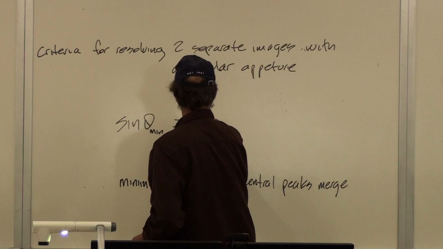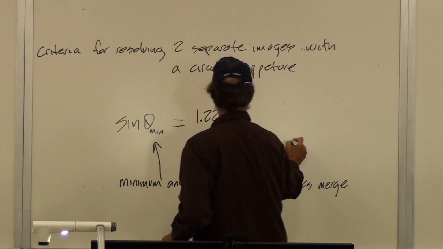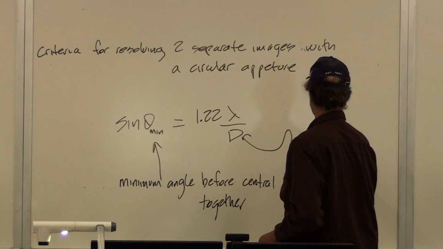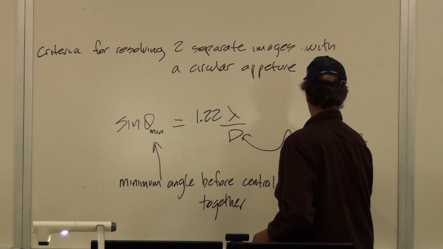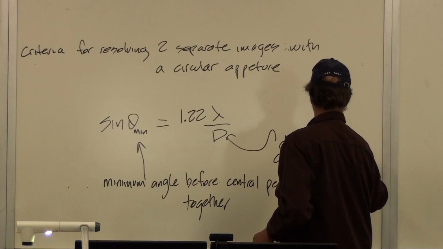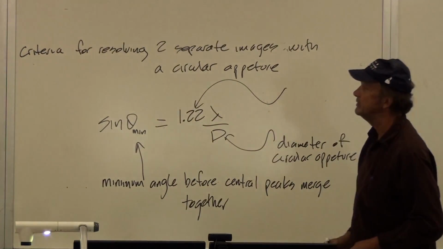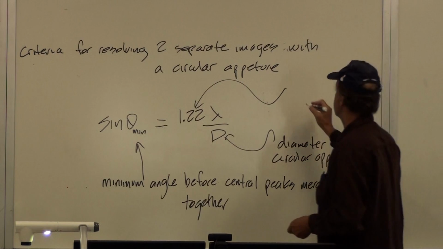This is equal to 1.22 lambda over d, where d is the diameter of the circular aperture, and the 1.22 is a correction factor because we're dealing with something that has two dimensions with spatial symmetry.